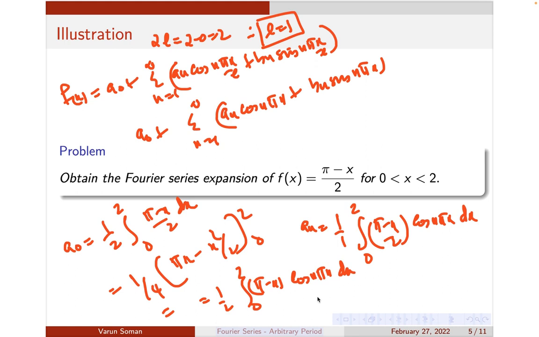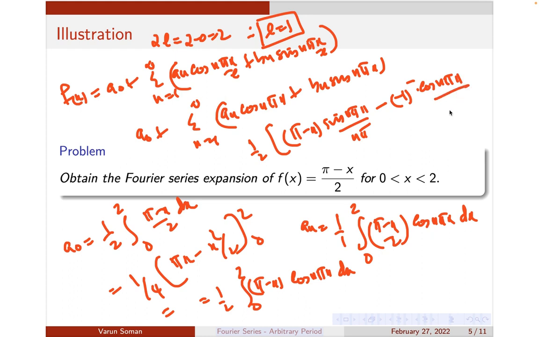Now you can apply integration by parts: 1 by 2 of pi minus x into sin n pi x by n pi, minus the derivative of pi minus x, which is minus 1, into the integral of sin n pi x, which is minus cos n pi x by n pi the whole square, in the limit 0 to 2.